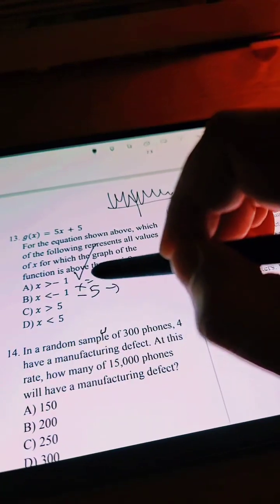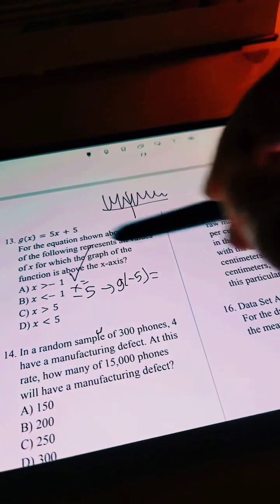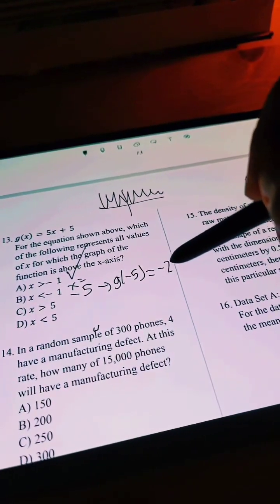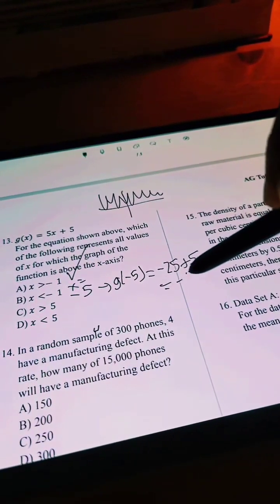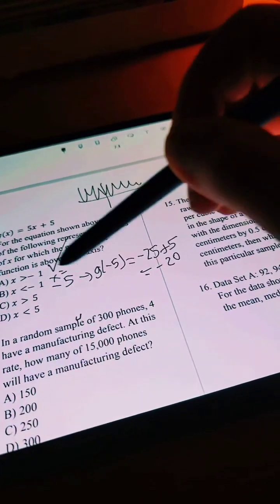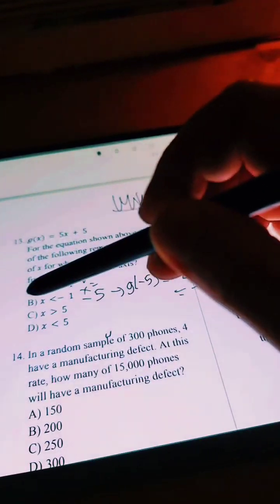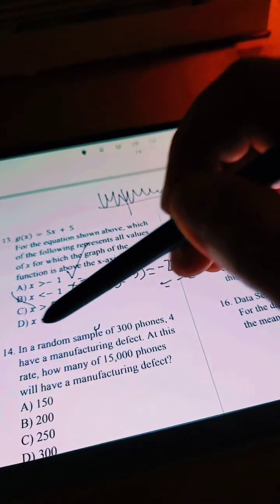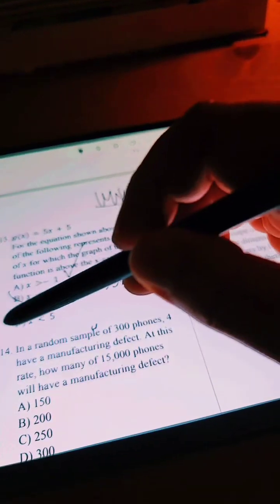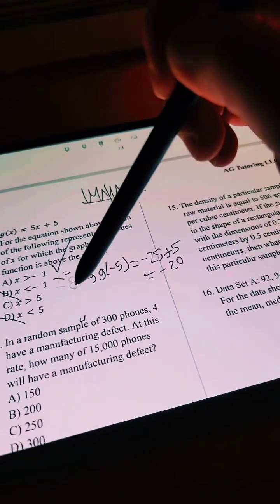If I have x is equal to -5, I'm going to put that in everywhere I see an x, so then 5 times -5 is -25, plus 5, that's going to be equal to -20. That's a negative value, so that would be down here, a negative value for y. Now, -5 is a value that's less than -1, so I could cross out that one. It's also a value that's less than 5, so I could cross out that one. Then I'm just left with A and C to choose from.